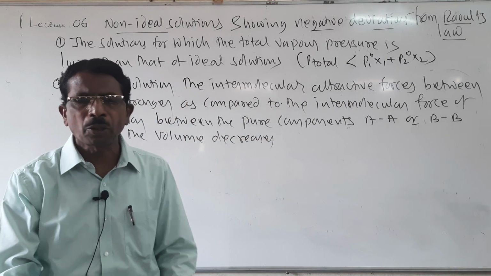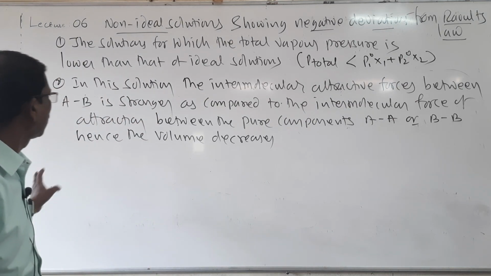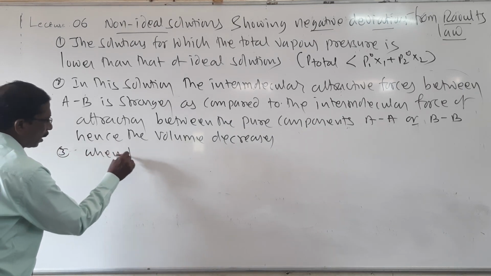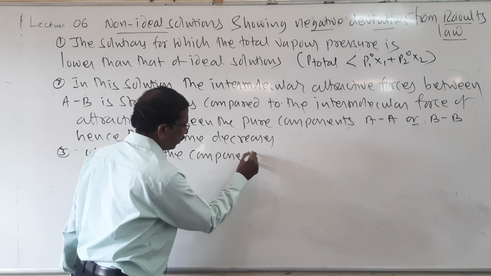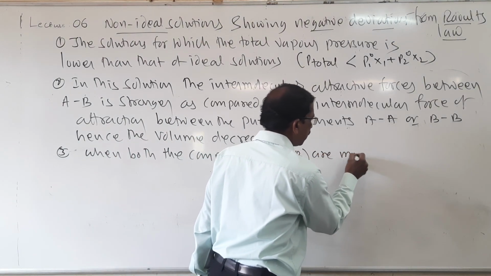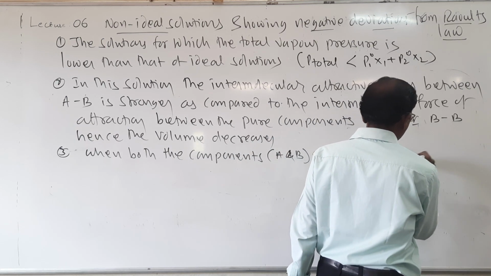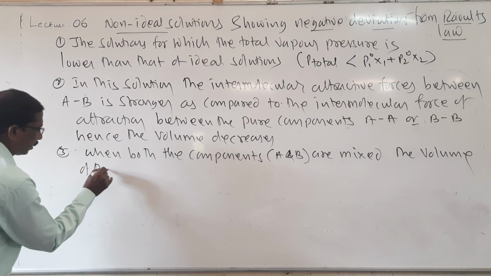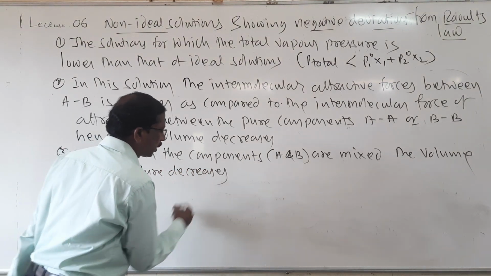Volume decreases. The molecules stay very close to each other, and therefore, here I will write third one. When both the components A and B are mixed, the volume of the mixture decreases.